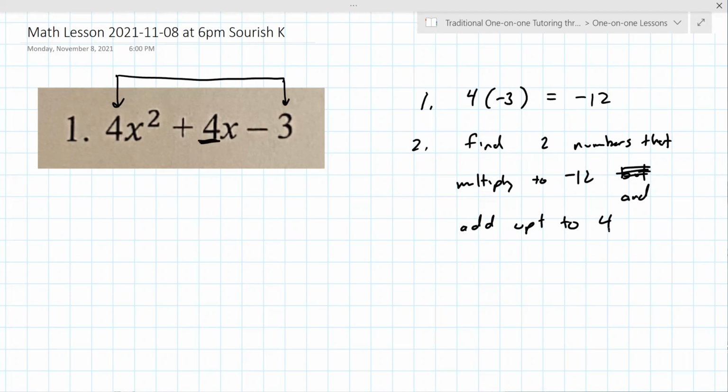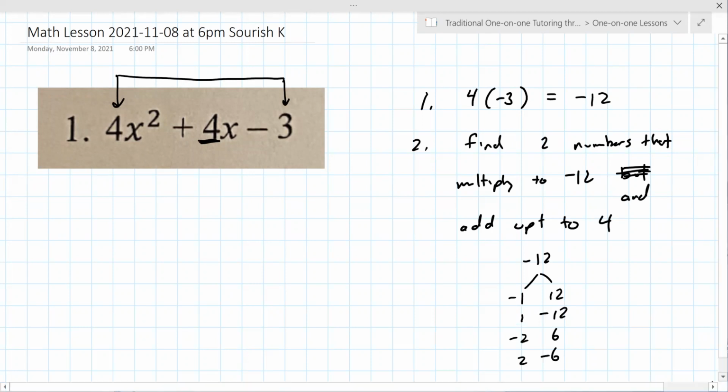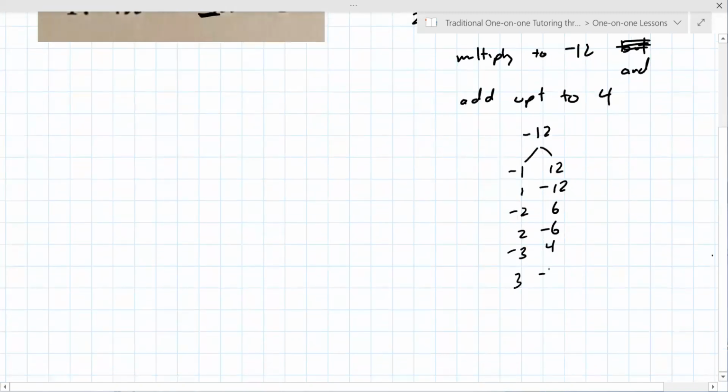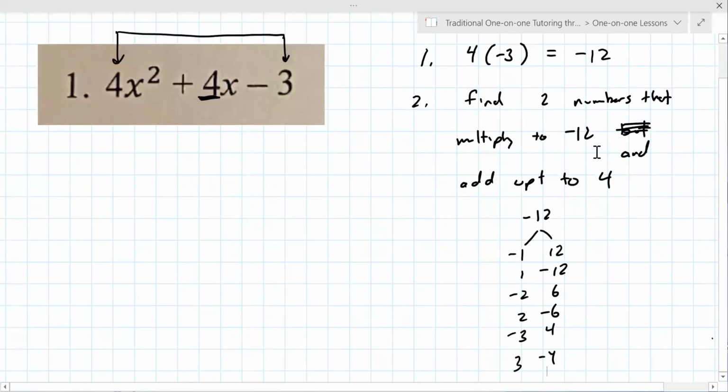Okay, so the best way to do this is to write out all the factors of -12. -1 and 12, 1 and -12, -2 and 6, 2 and -6. Well, I know 4, 3, and 6. Okay, and then you ask yourself, do any of these actually add up to 4? It's +4 because that sign goes with it.